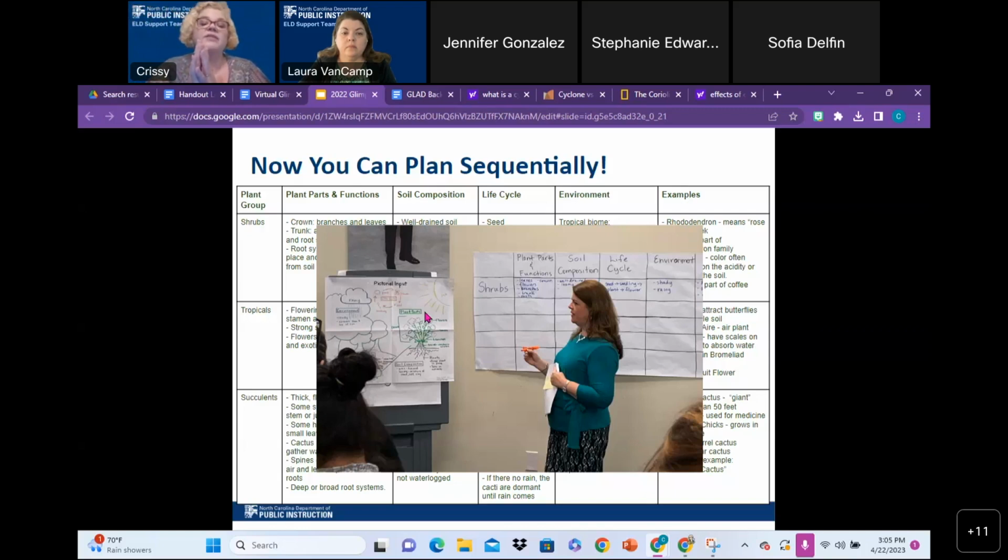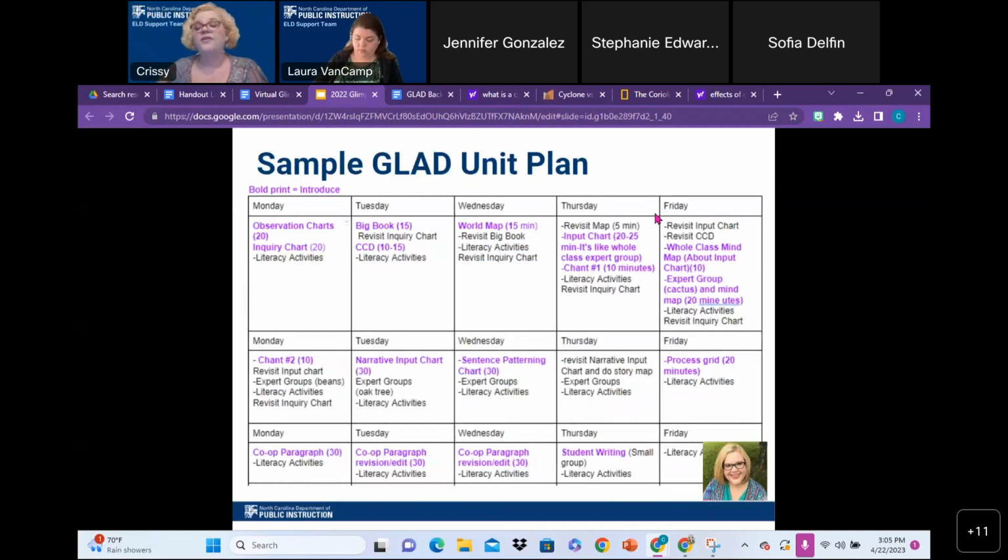Are they able to give us that information back and complete that process grid in that game? And so that is what we mean when we say they can be used together. That they can be used to create a plan, a unit.